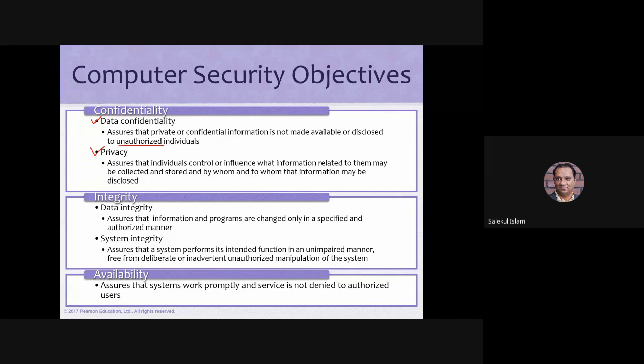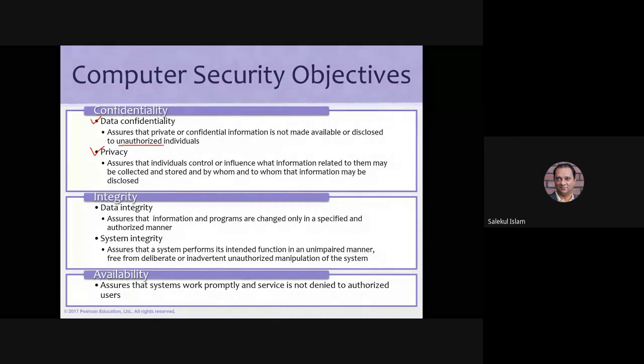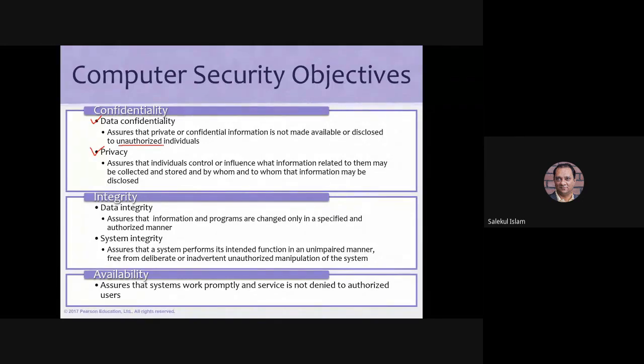Confidential does not mean that this is confidential for everybody in the world. Confidential means there is a list of authorized persons who can access, who can read that information.